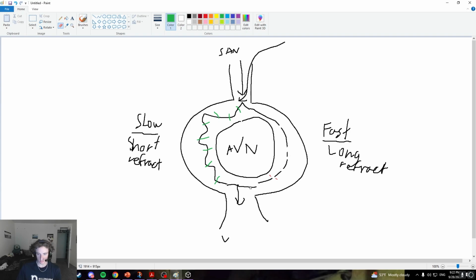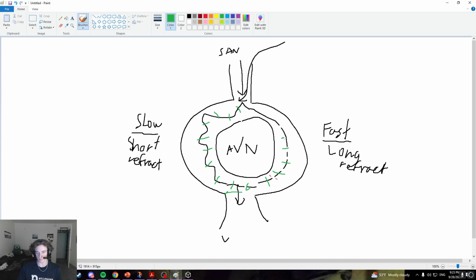So when this signal comes back around, let me switch back to green. Okay, so when the signal is coming back around from that slow pathway, it's going to be sent down here, but it's also going to keep continuing this way, and then it's going to hit the fast pathway, which is now ready to go again. So the fast pathway is going to take that signal, it's going to go up here, and again, while this is happening, the slow pathway is in its refractory period.